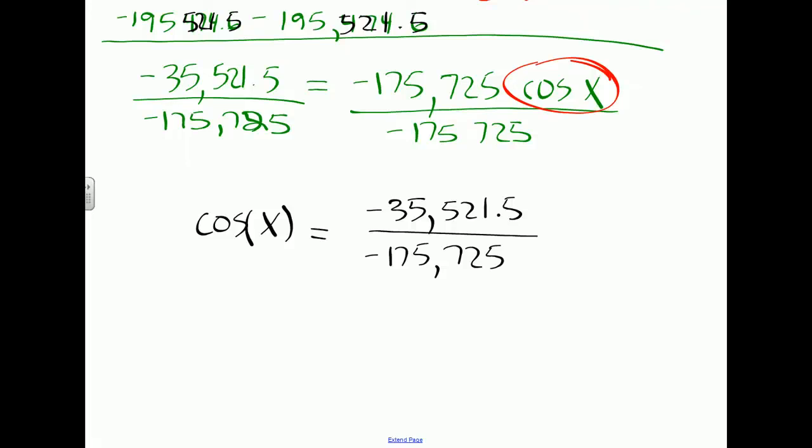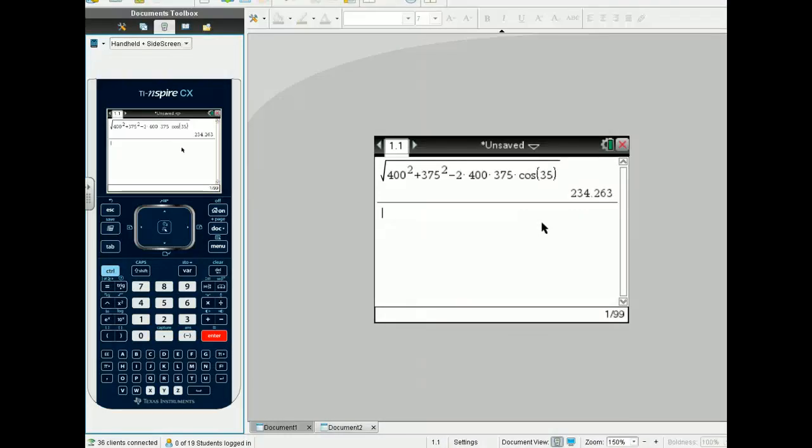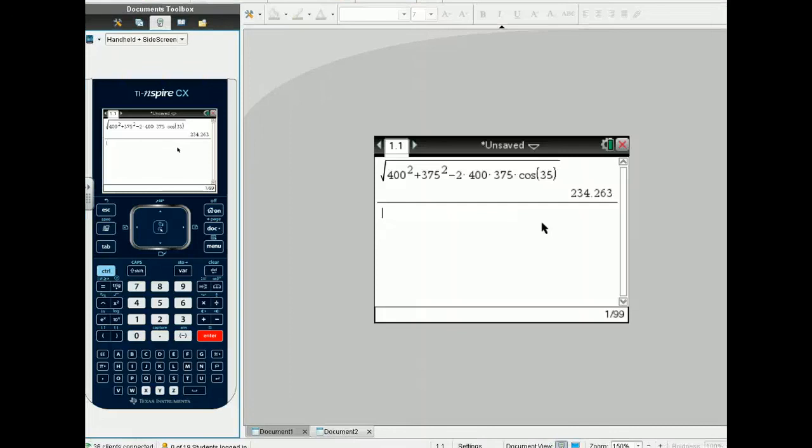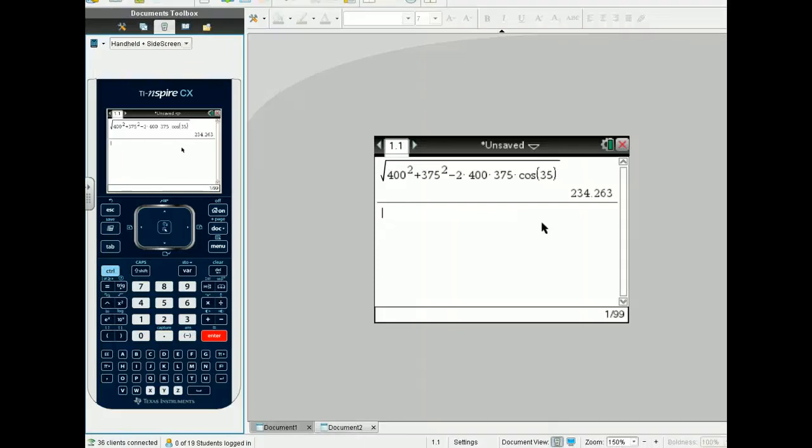So let's go back to our calculator and let's calculate that. Make that smaller. What were those numbers? Divided by negative 175,725.